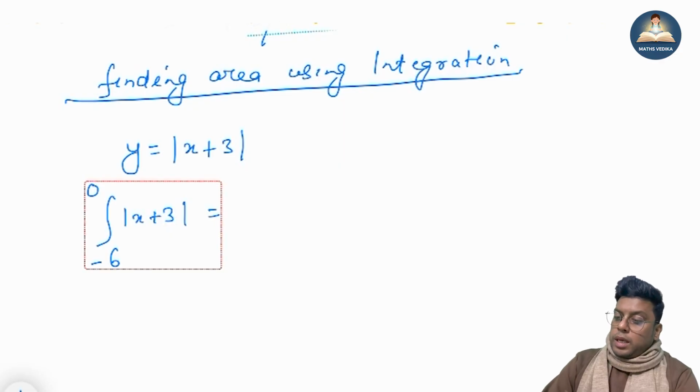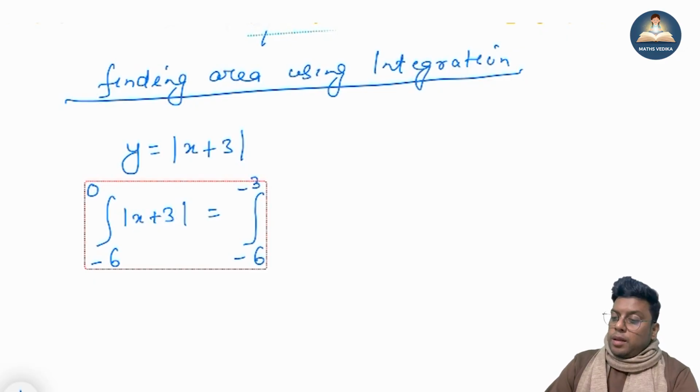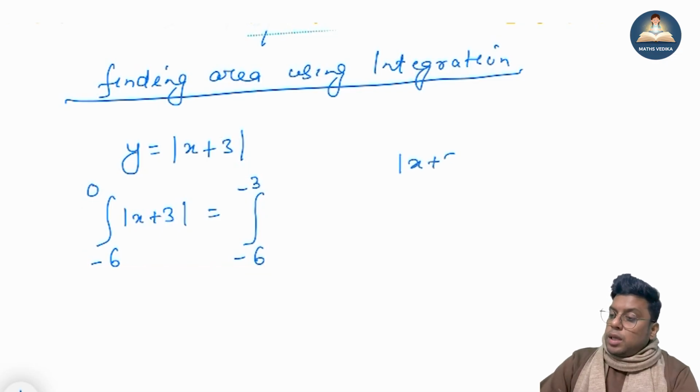This can be written as from -6 to -3, where x + 3 will be negative.